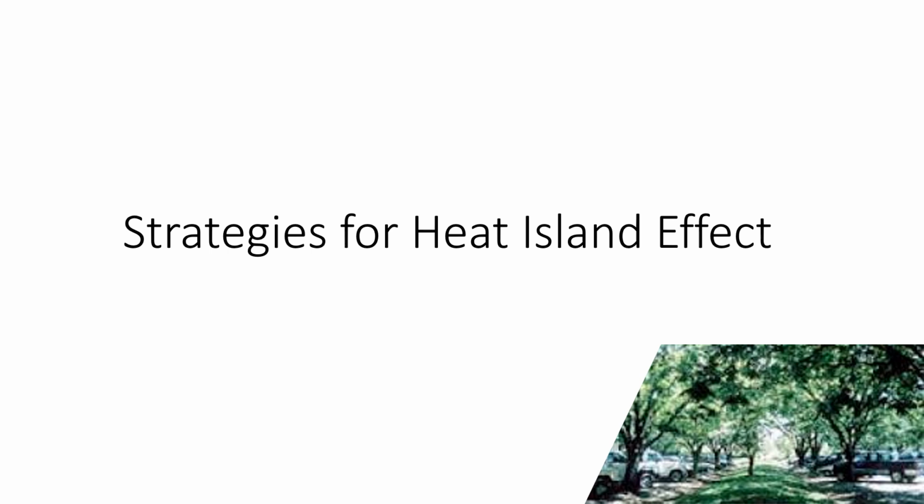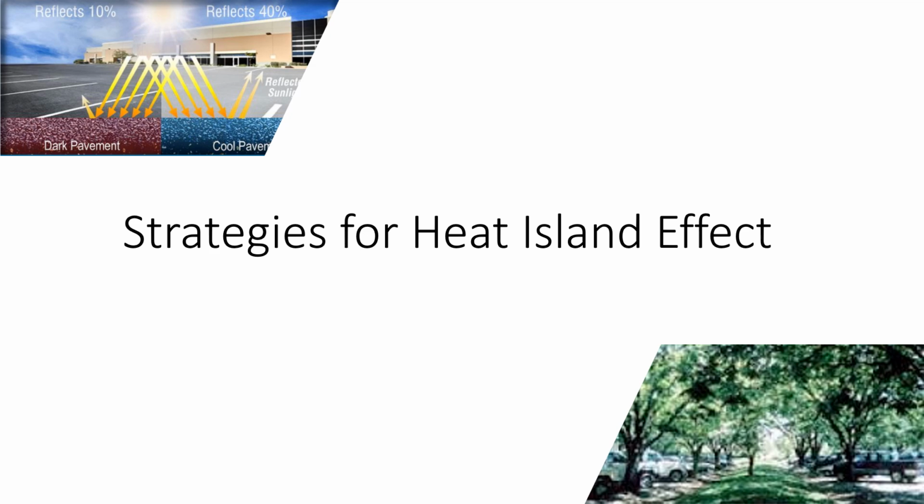Architectural devices or structures with a solar reflectance, or SR, value of at least 0.28. Vegetated structures, or paving materials with a solar reflectance, or SR, value of at least 0.28. And open grid pavement systems that are at least 50% pervious.